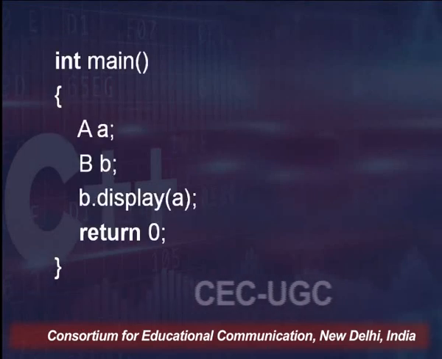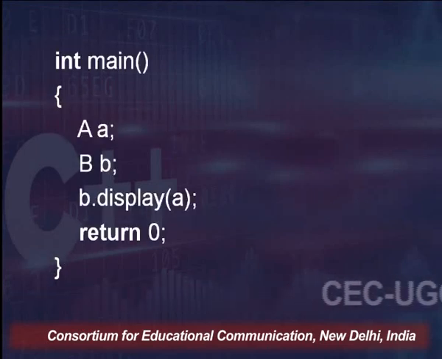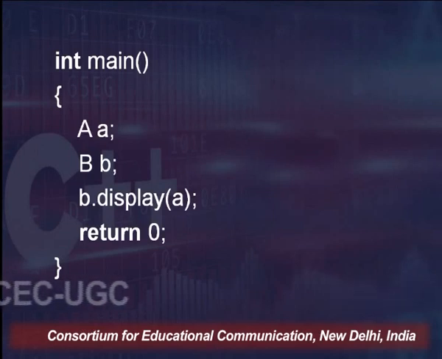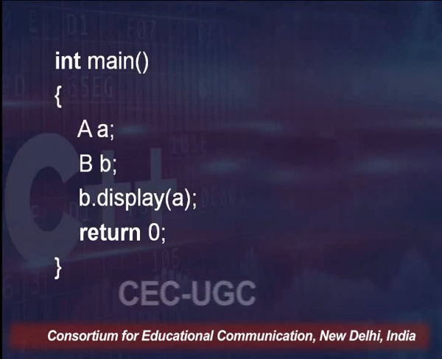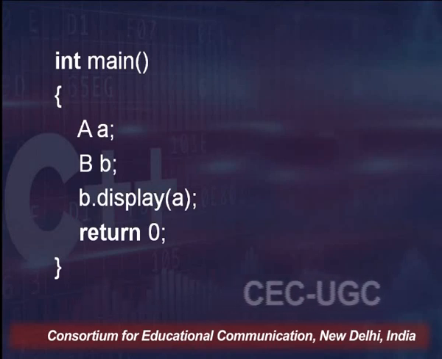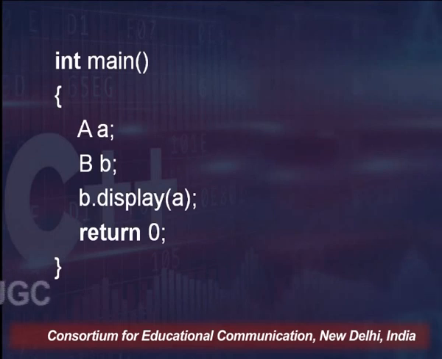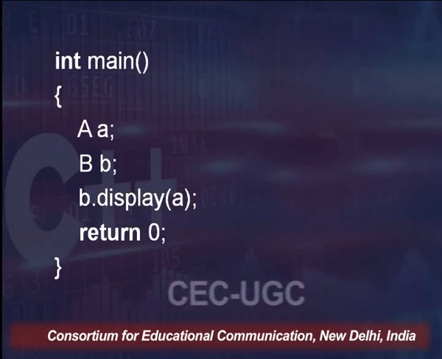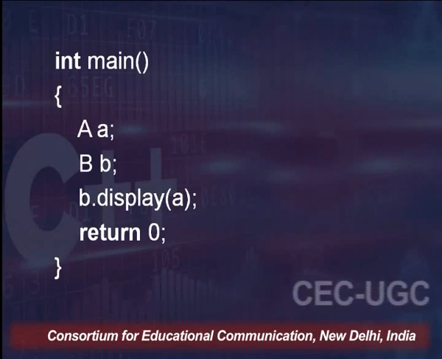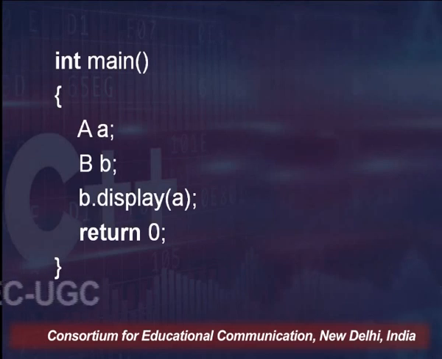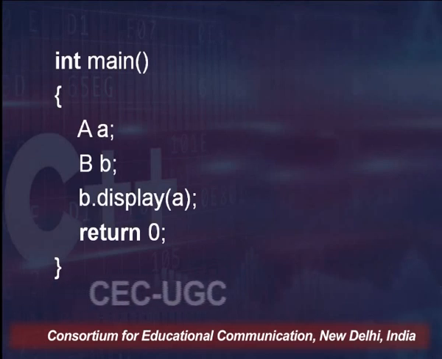Now, how are we going to use this inside the main function? We have two classes, A and B, where B is a friend to class A, and then two objects, one is small a and another one is small b. Using this small b, which is the object of B, we are calling the function display.